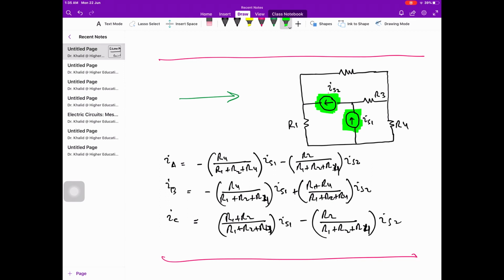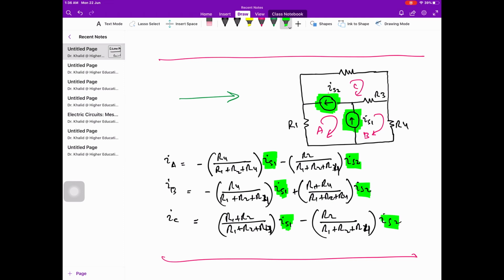If we solve this circuit, I remember perhaps it was IA, this was IB and this was IC, see the lecture above. So this is IA due to IS1 only, and IA due to IS2 only, and similarly IB and IC over here.